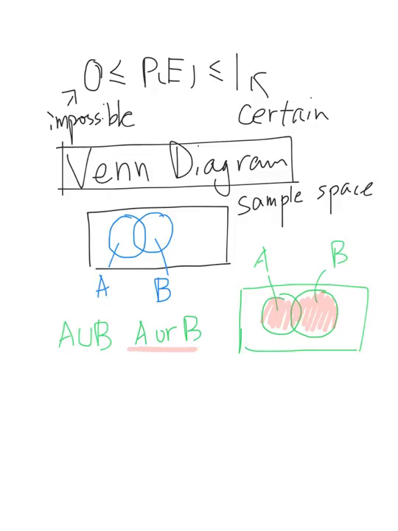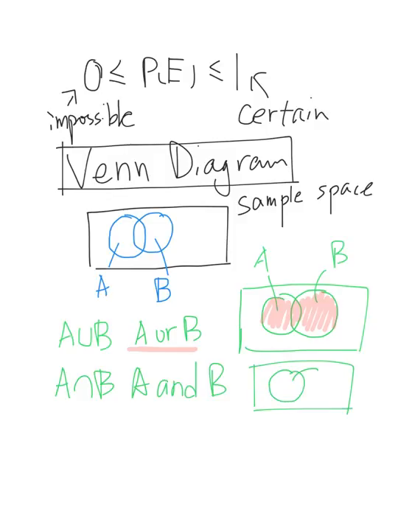And for A intersect B, this is the symbol ∩, meaning AND. Again, for the Venn diagram, I don't want to write A and B anymore. In this situation, intersection means both of them should happen at the same time, so that is the overlapping region.